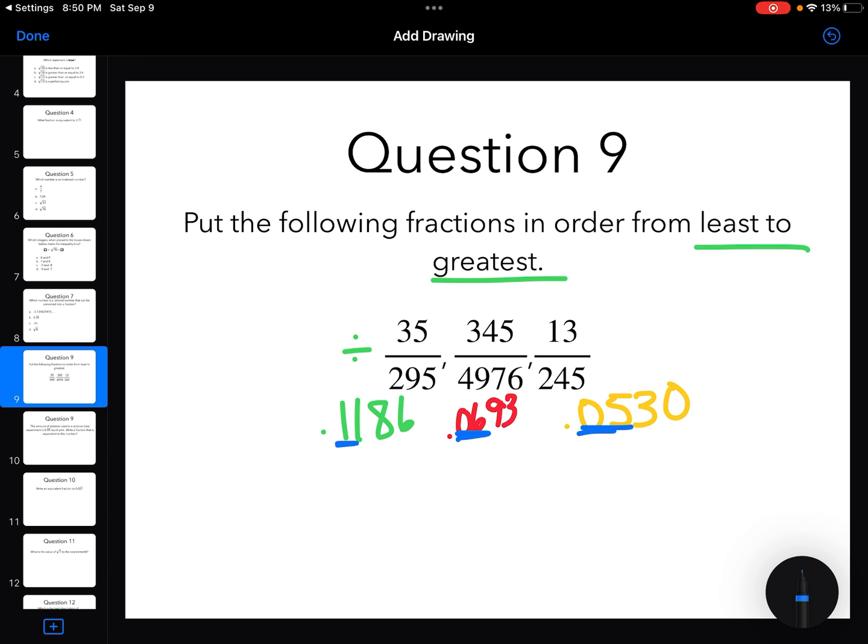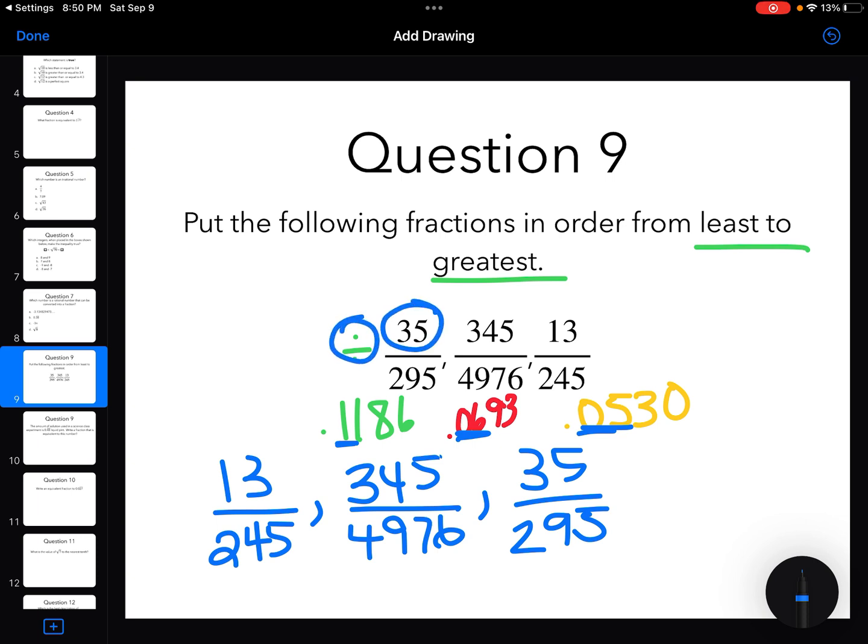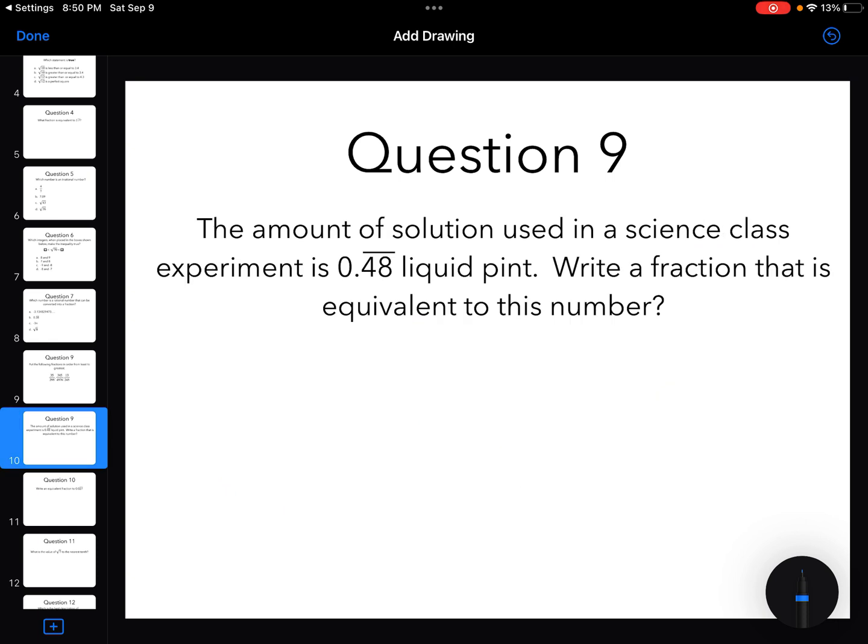So I know that 13 over 245 is the smallest. 345 over 4,976 is the middle. And 35 over 295 is the biggest. So that would be my order. Remember, every time you're doing numerator divided by denominator.